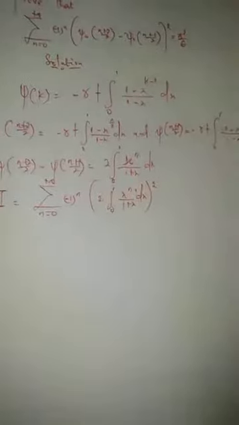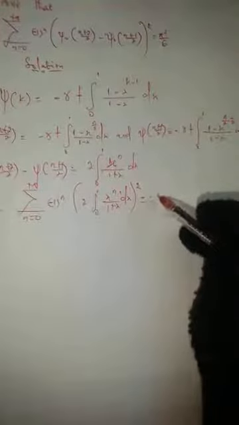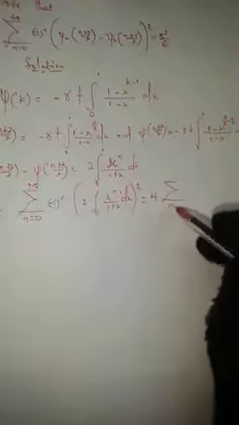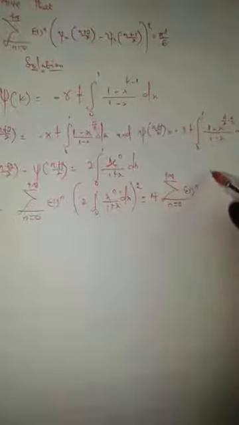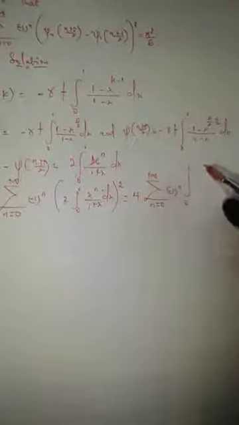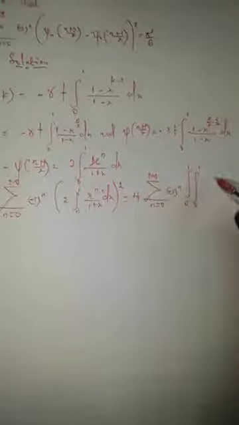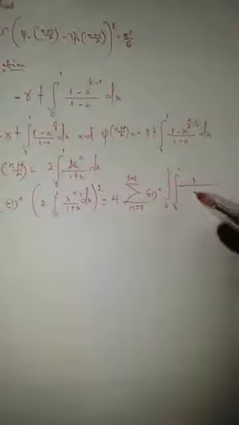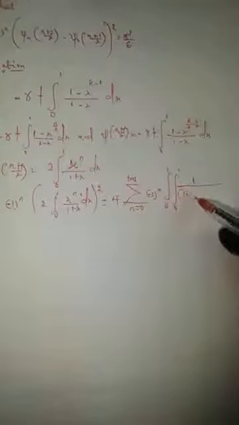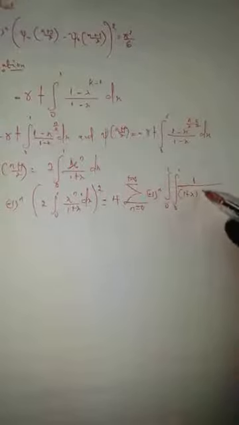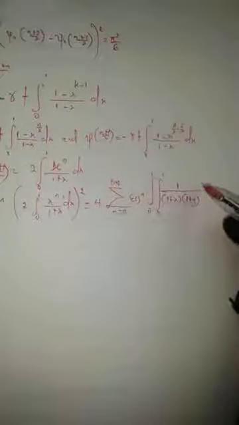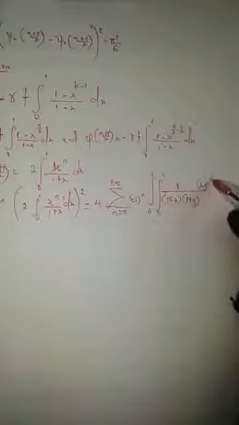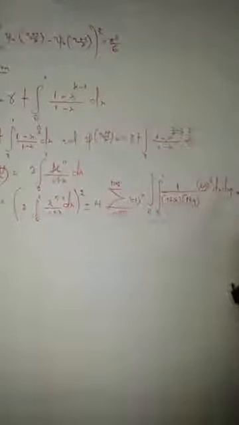Okay, and when this is squared, remember this 2 will be taken out, so we have this equal to 4 times the sum as n goes from 0 to positive infinity of minus 1 raised to n, the integral from 0 to 1, the integral from 0 to 1, all over (1 plus x)(1 plus y), okay, xy raised to n dx dy.